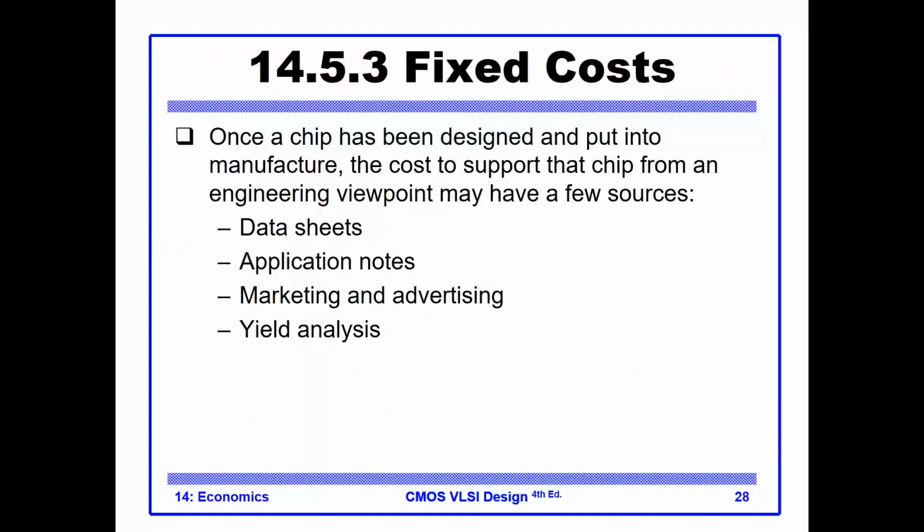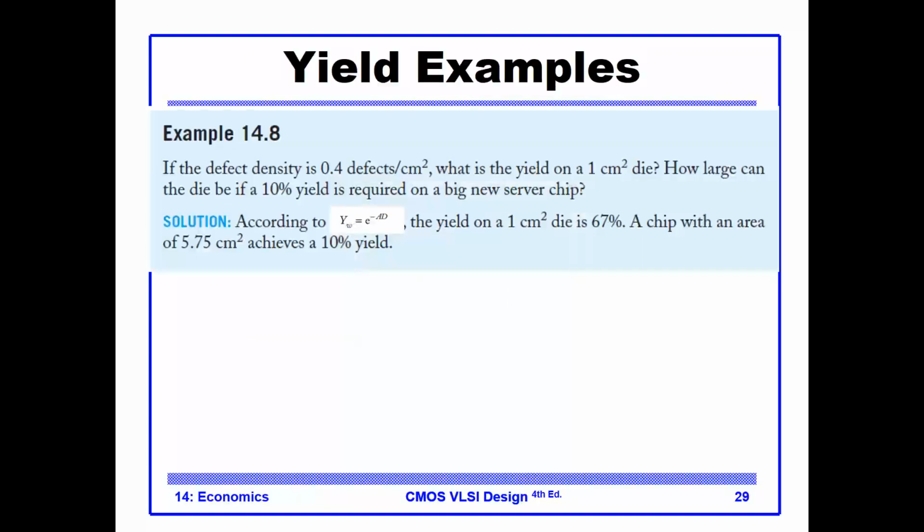Fixed cost is the third category of cost. This includes advertising, marketing, application notes, data sheets, etc. And here's an example: if the defect density is 0.4 defects per square centimeter, that's the D right here, what is the yield at this area?